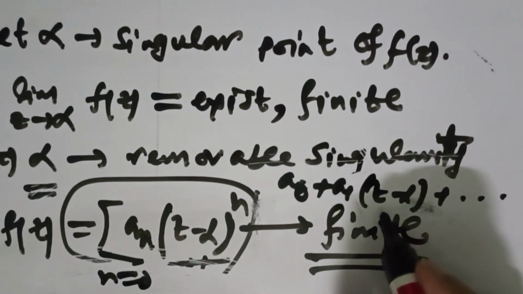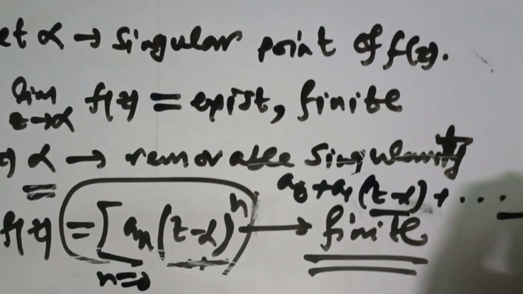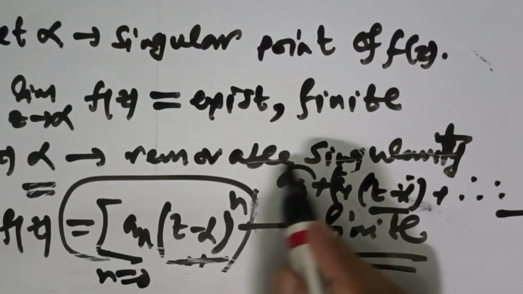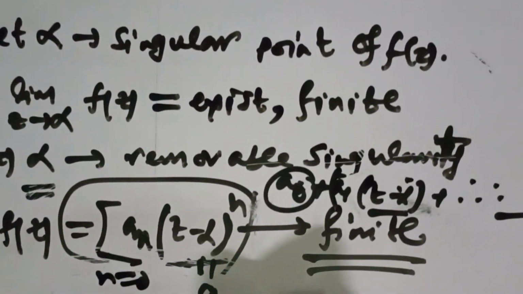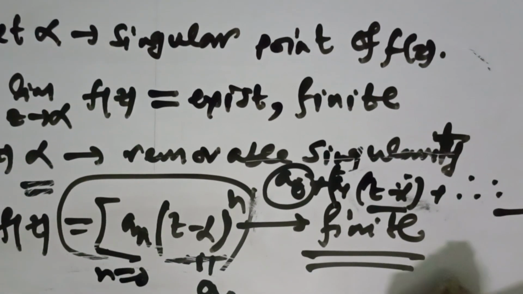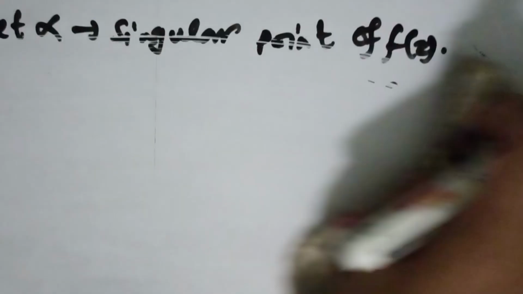Each term contains a (z - alpha) factor, so in the limit these terms become 0 and only a0 is left. So if alpha is a removable singularity, then the limit as z tends to alpha of f(z) always exists and is a finite quantity.